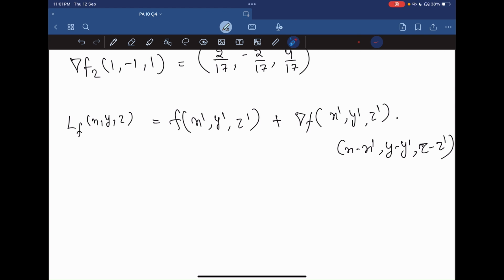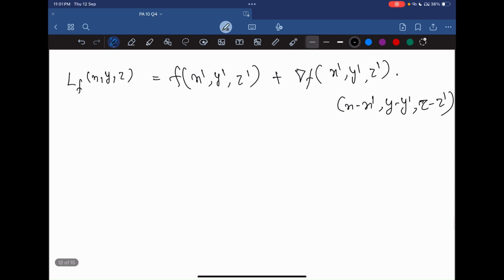Now, if you want to find the gradient of this linear approximation, the function value here is a constant, so when finding the gradient, that is the partial derivative, it plays no role and is set to 0.